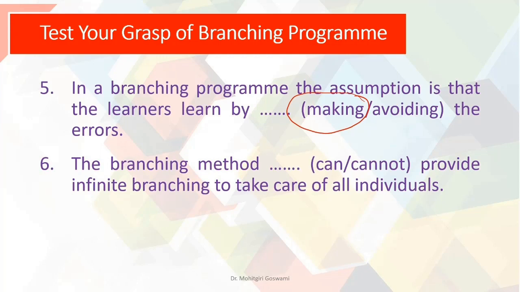The branching method blank provide infinite branching to take care of all individuals. Yes, the answer is cannot. The branching method cannot provide infinite branching to take care of all individuals. So there will be 2 or 3 subframes which the learner can revise if he answers false. But there can't be infinite branching to take care of all individuals.